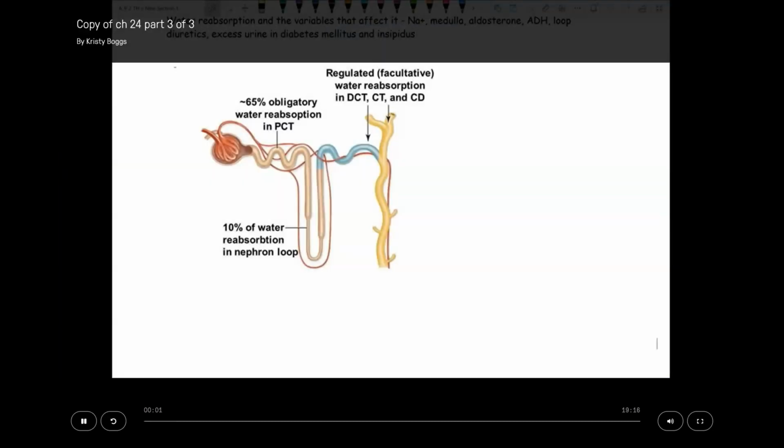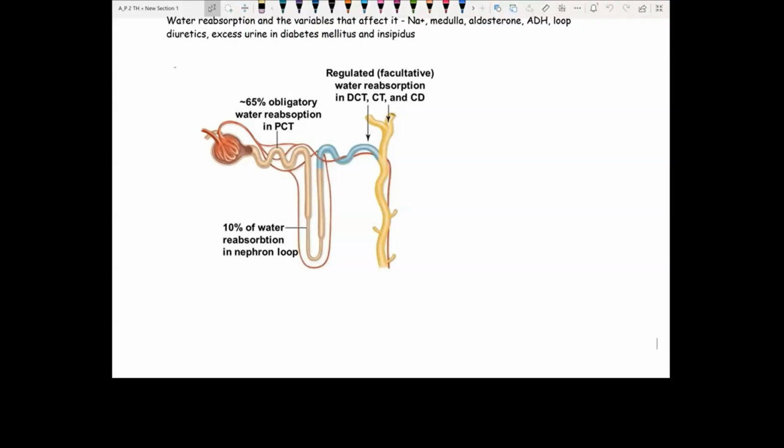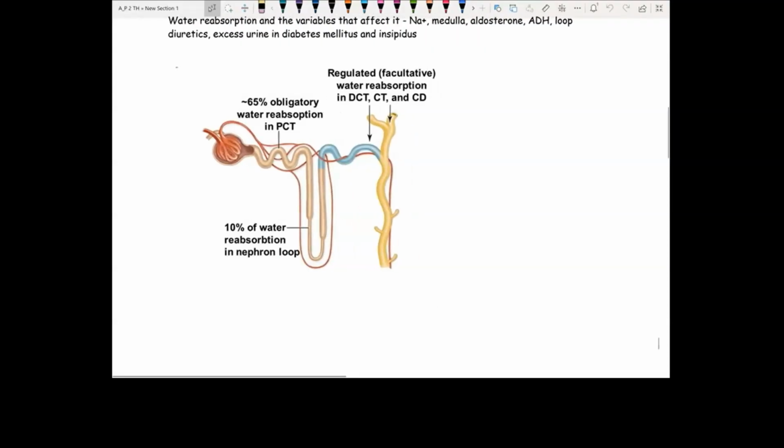Now we're ready to look at water filtration and reabsorption in the nephron. So remember that you have about 5 liters of blood total. In general, it takes about 5 minutes to run all 5 liters of blood through your kidneys. So you filter the same blood over and over several times a day.